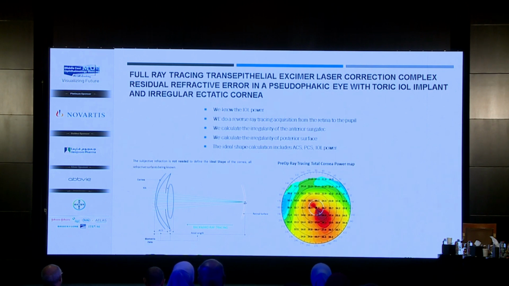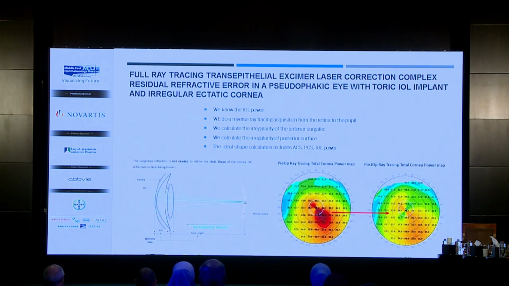So it's possible to do a full ray tracing excimer laser correction given transepithelially to correct the residual refractive error in this pseudophakic eye with irregular ectatic cornea, because we know all the refractive contribution of the anterior corneal surface, posterior corneal surface, and IOL power.